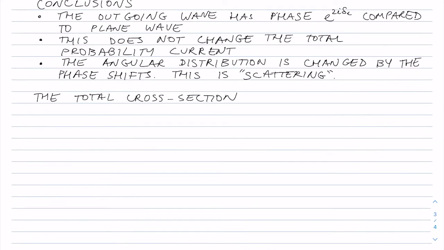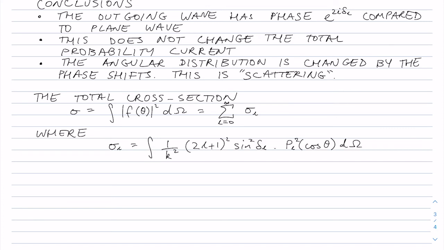Now remember that the total cross-section could be expressed in terms of the scattering amplitudes like so. And now what we can do is we can write that as a sum over the angular momenta of partial total cross sections, so these sigma_L's are called the partial cross sections.